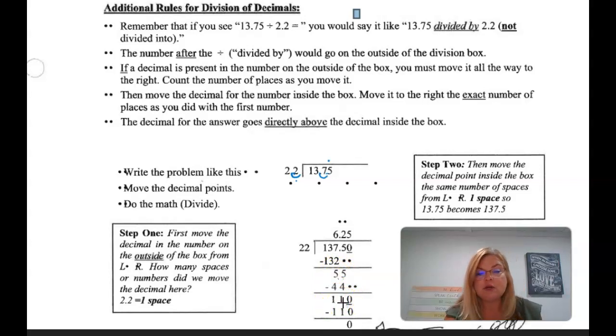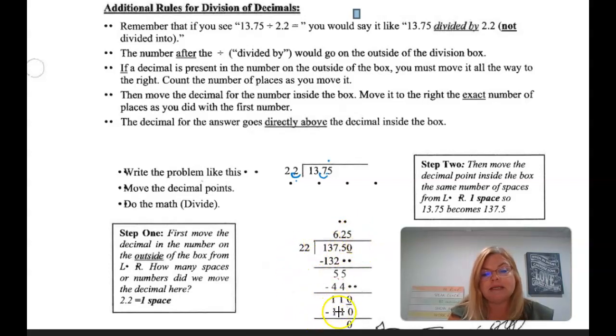But I still need to go one more decimal over because we already know that we move the decimal up. So I need to go one more decimal to the right. So if I have 11, I have to add a 0. And if I add a 0 here, then I say 22 into 110. 5 times 22 is 110, so I say, okay, that is 5.